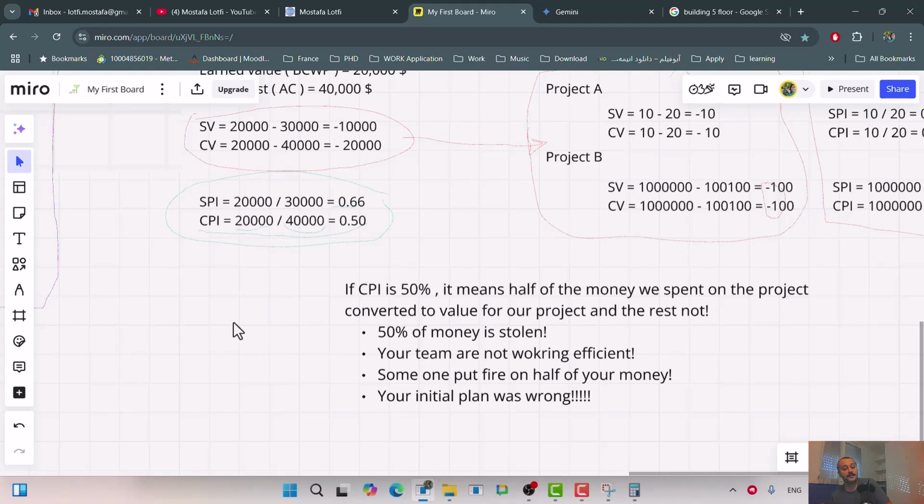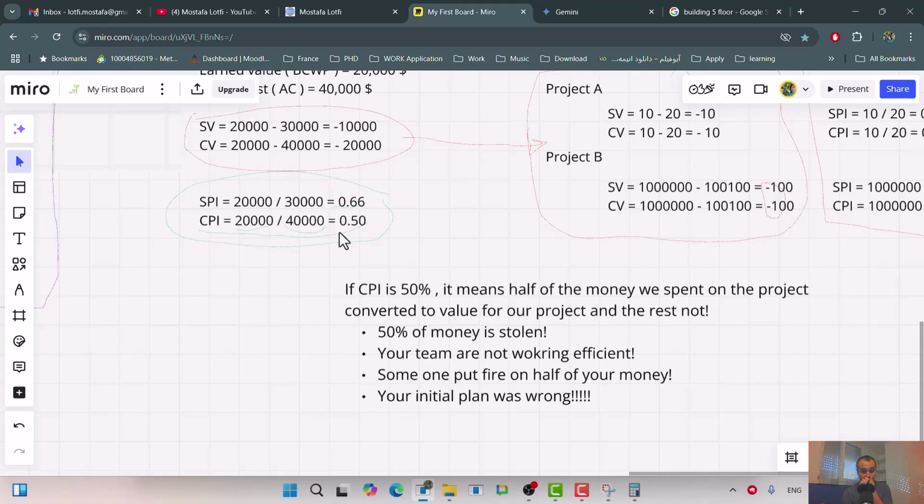So what I want to say is, true, a CPI of 50% is bad, but you need to investigate and identify the reason. It can be, as I said, someone stole your money, or your team is not working efficiently. But for me, worst case scenario, I would rather someone stole half of my money than see that my initial plan was wrong.